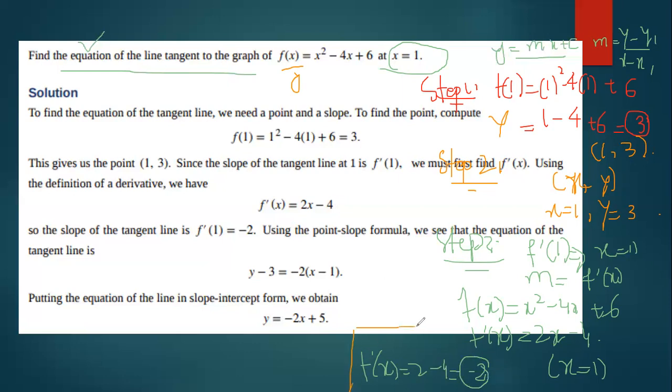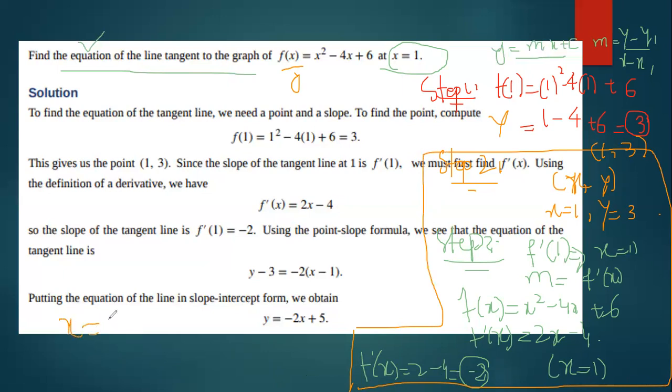Okay, so this is basically the step 3. Now we have x equals 1, y equals 3, and m equals minus 2. So we just have to apply these in our equation.